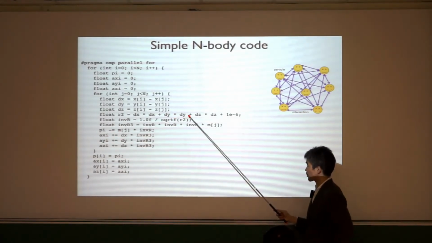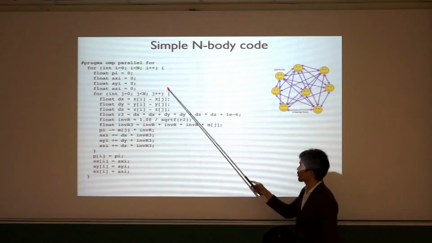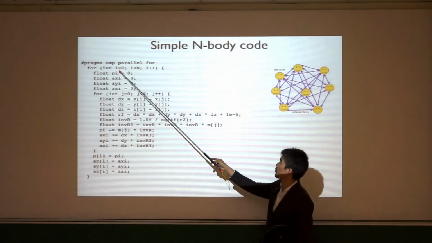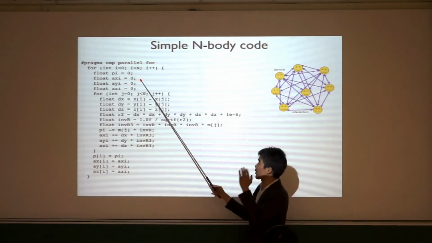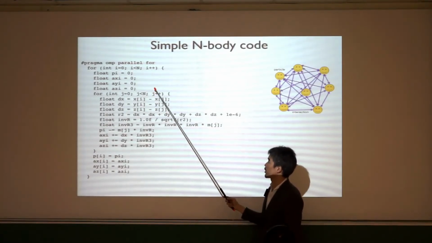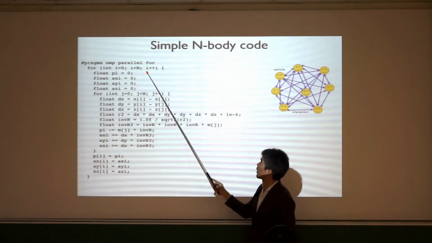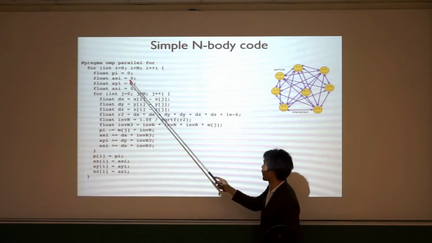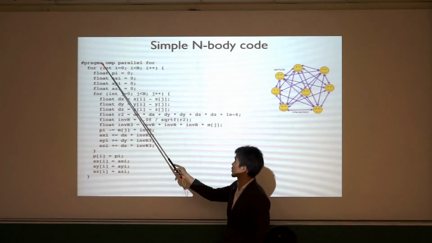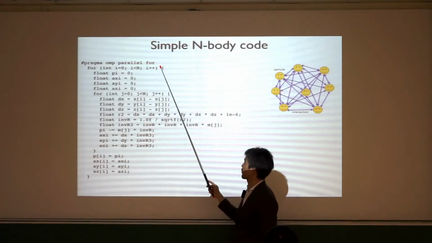If you calculate this in OpenMP, like I mentioned, that's still parallel, and you can run it on a multi-core processor, and it will look like this. This is the whole code. And you just need to add this pragma omp parallel for.